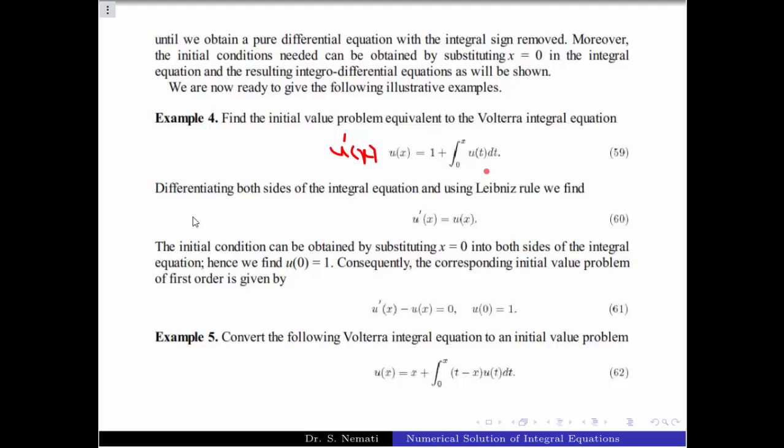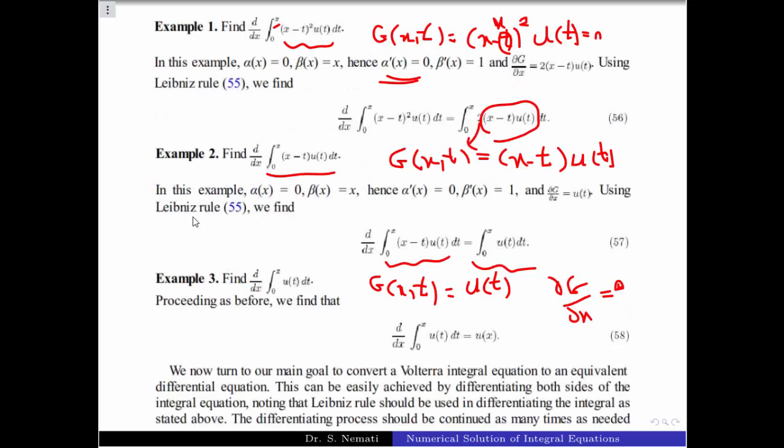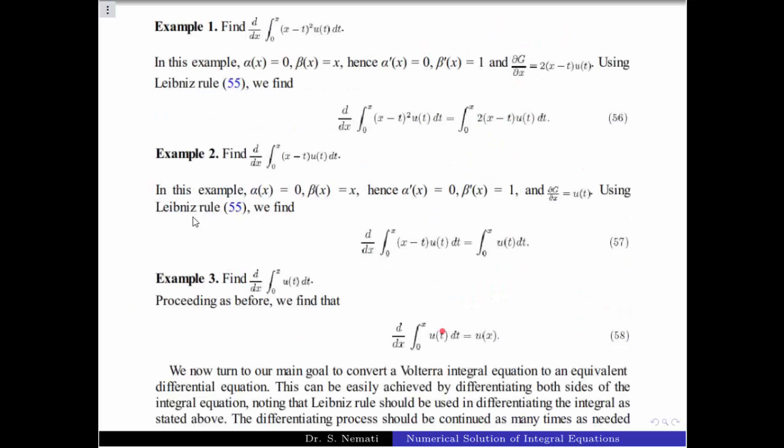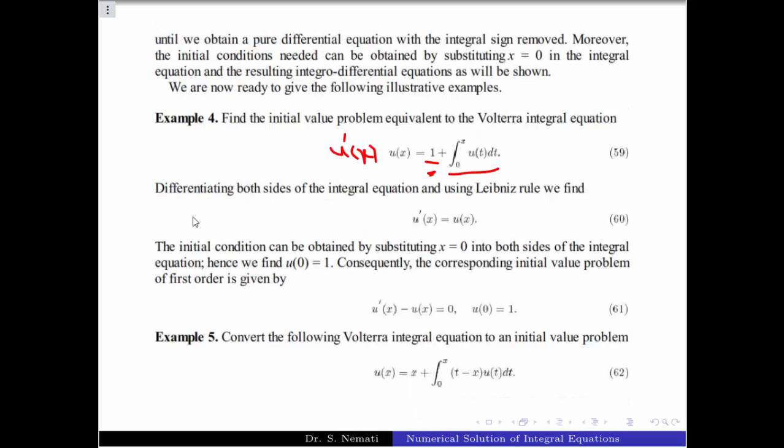And in the right side, by taking the derivative with respect to the variable x, here we have 0. And for the second part, by considering the last example here, we will have u of x.